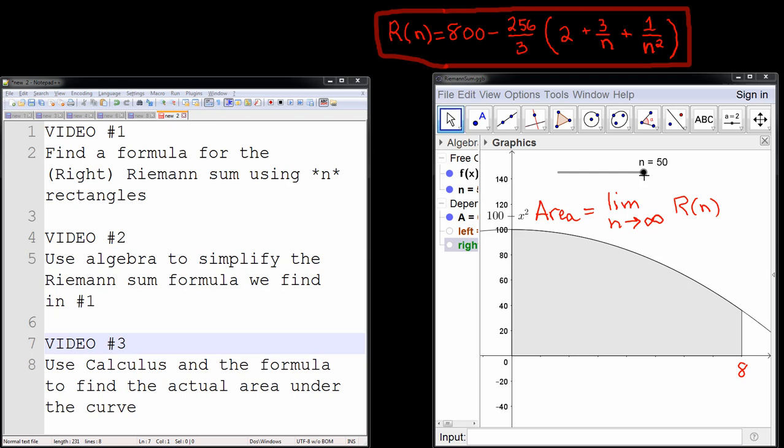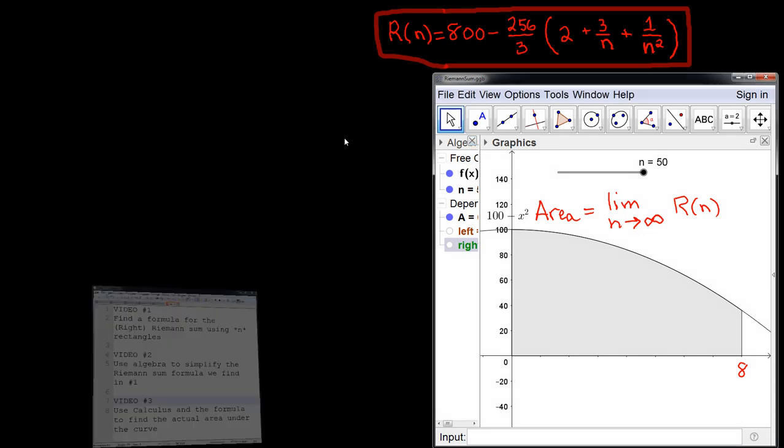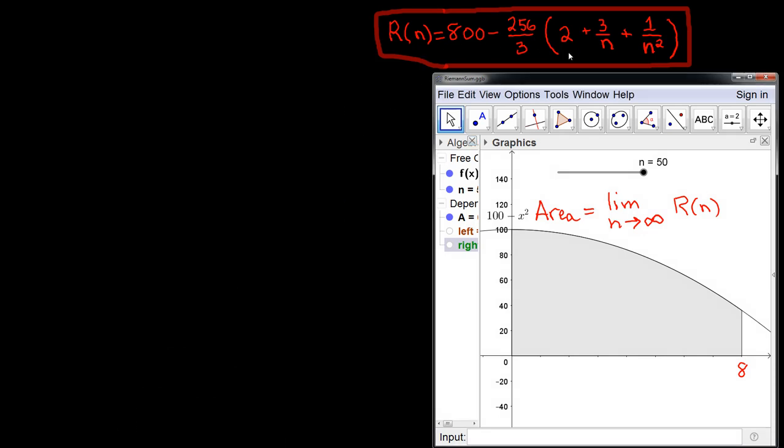And we decided that, hey, if you could use infinitely many rectangles, then you'll get the exact area under the curve. So to finish this problem, all we have to do is just do the limit as n goes to infinity of this function. It's been a long time since we've done limits, but this actually is a really easy limit.